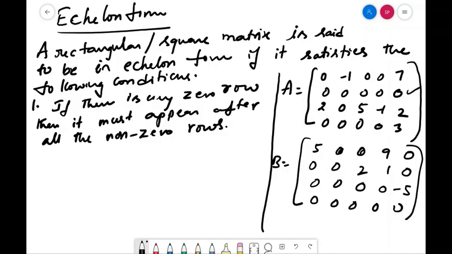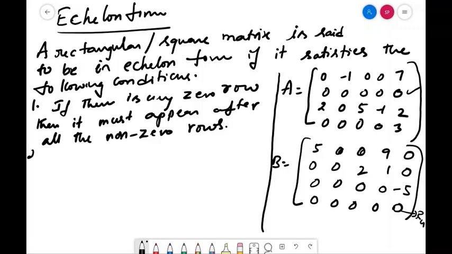Yes. Second row is a zero row. Then what is the first condition? If there is any zero row, then it must appear after all the non-zero rows. That means if it is there, it should be the last row. But here it is in the second row, whereas there are four rows. So this A is not satisfying the first condition. When I take matrix B, I have a zero row here, which is row 4, and it is appearing after R1, R2, R3. So my first condition for echelon form is satisfied by matrix B but not by matrix A.